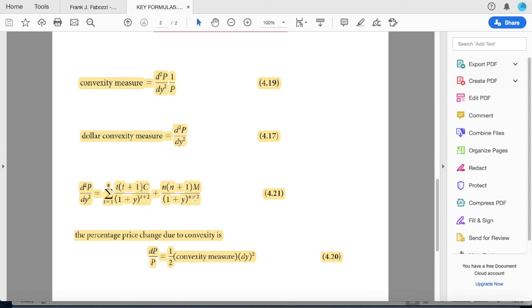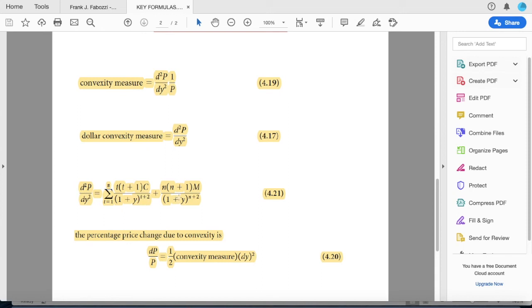So it is a little bit complicated compared to the duration, the Macaulay duration formula. For the second derivative, we need the t plus 1, and even for the present value factor, we no longer use power t, but t plus 2.